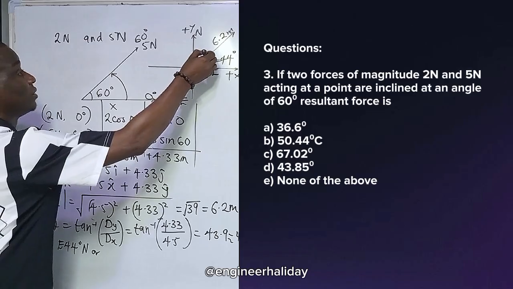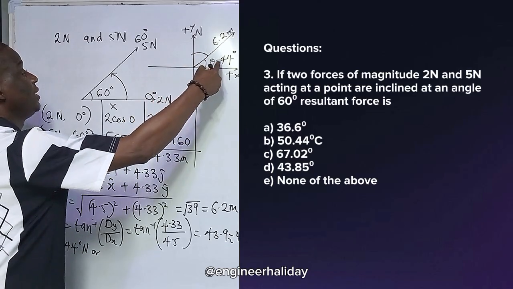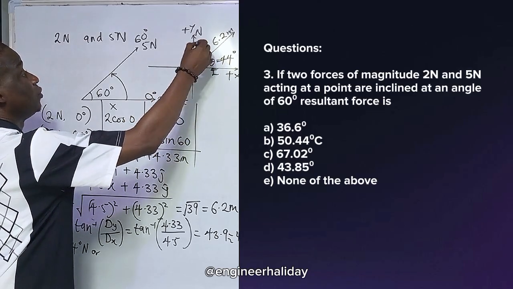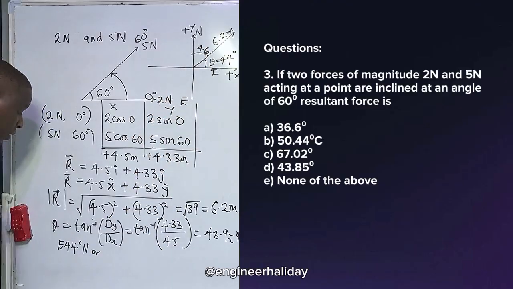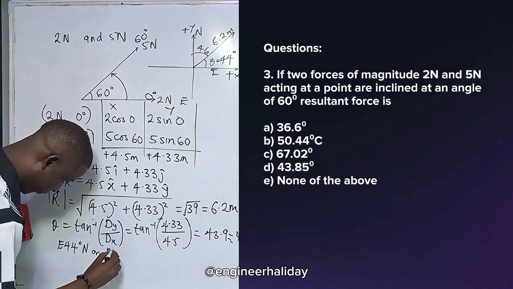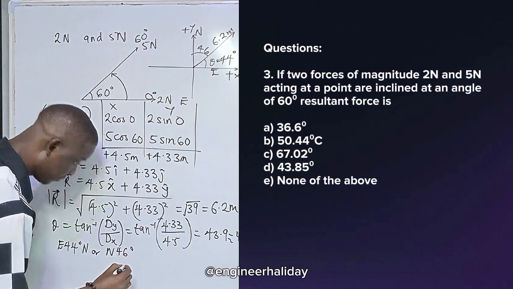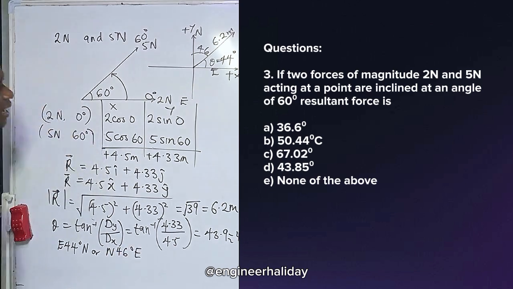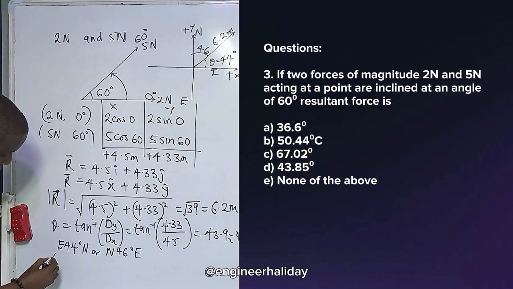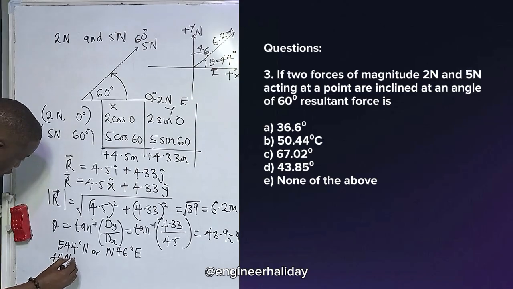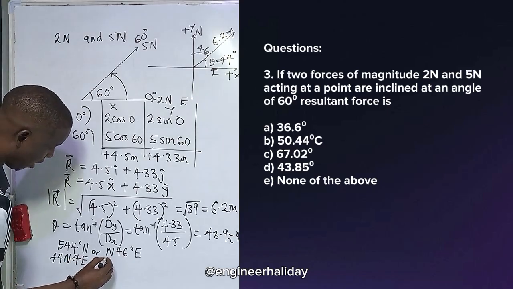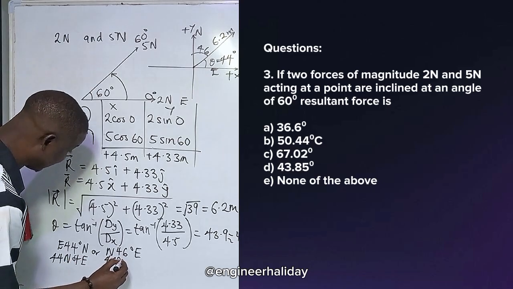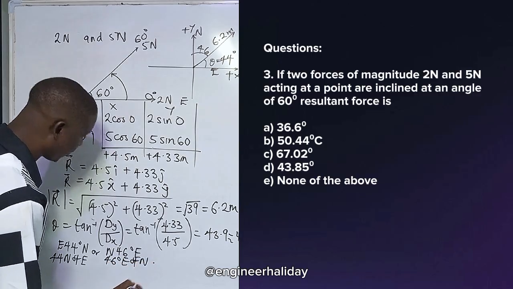Or I can remove this from 90, which gives 46, and write it as 46 degrees east of north. Or you can write 44 degrees north of east, and 46 degrees east of north, and so forth.